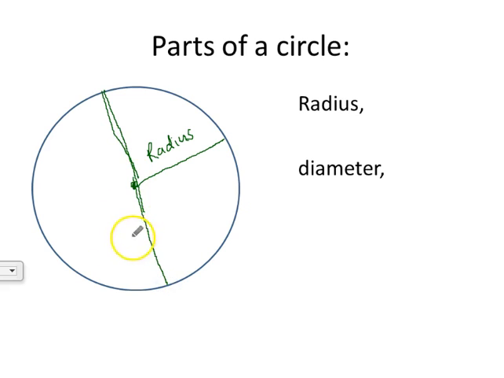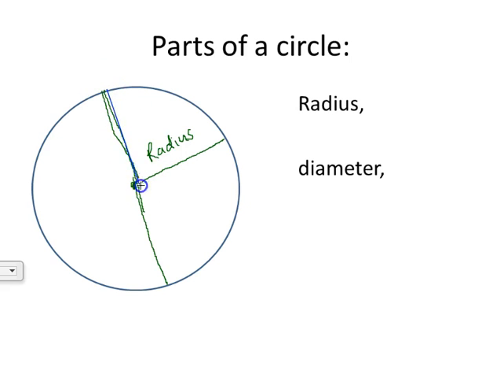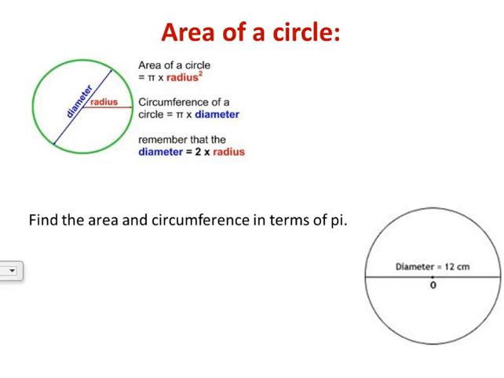That is your diameter when you go straight through. And the diameter is equal to 2 times the radius. So just a review on that.